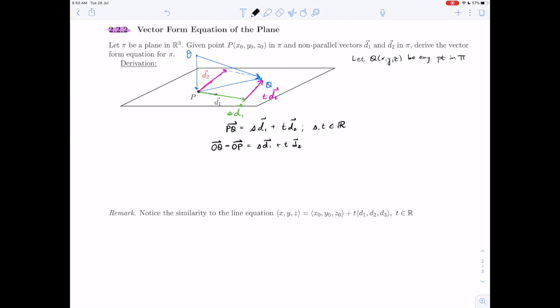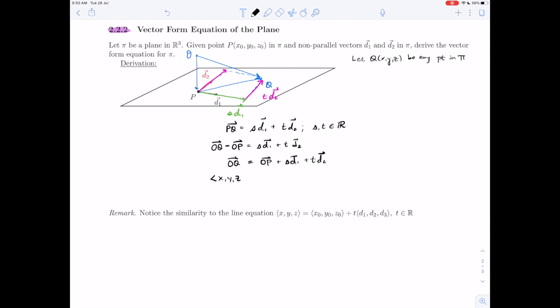And then solving for the unknown, Q is any point, P is given, so OQ equals OP plus s times d1 plus t times d2, and then filling in the components that we know.